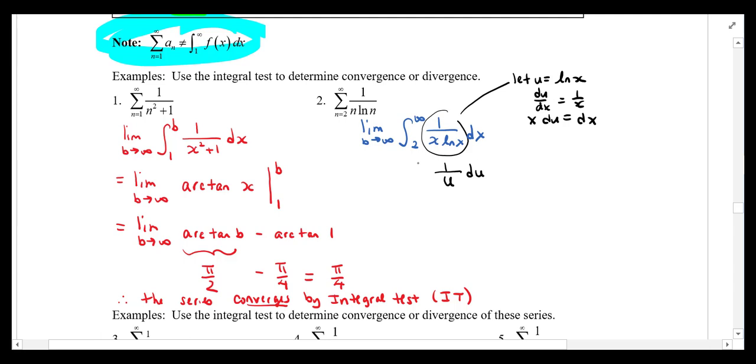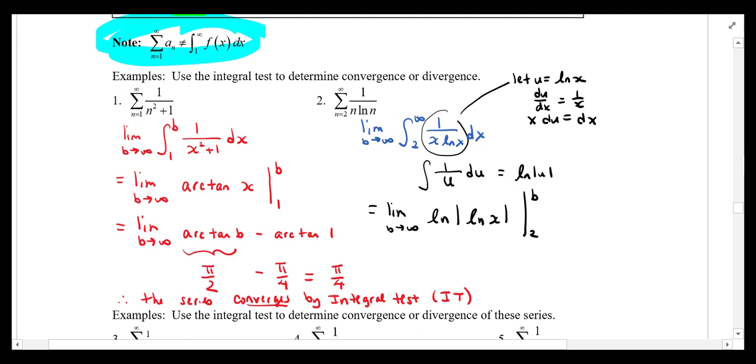If I take the antiderivative of that, I'm going to write this as the limit as b approaches infinity. That just becomes natural log of the absolute value of u, so natural log of the absolute value of natural log of x, and we're going to evaluate this from 2 to b.